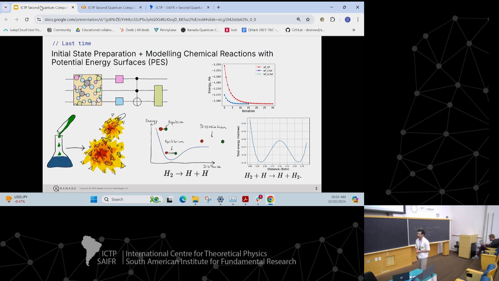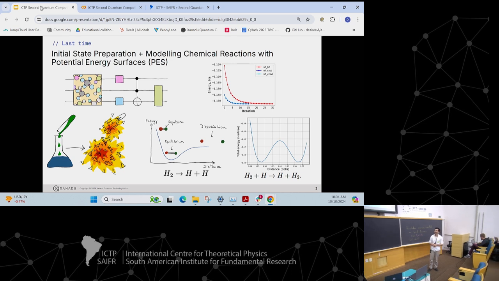I don't think I emphasized that enough yesterday, but if you do a computation and you go tell an experimentalist, I would expect your reaction to take this much time, and it takes 50 times less. It could make a very important difference. It could make a very dangerous difference. If you have an exothermic reaction that's supposed to take an hour according to a computation, but it takes 1 minute in reality, that difference in time scale is big, especially for an exothermic reaction. You can have an explosion rather than a controlled release of heat, for example.